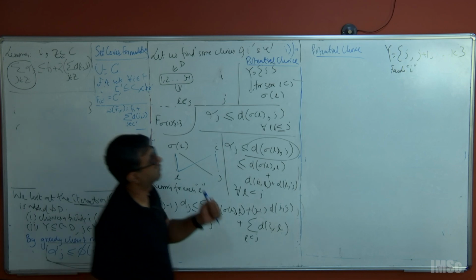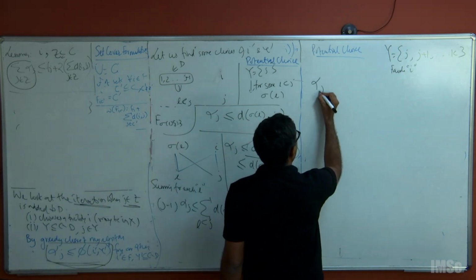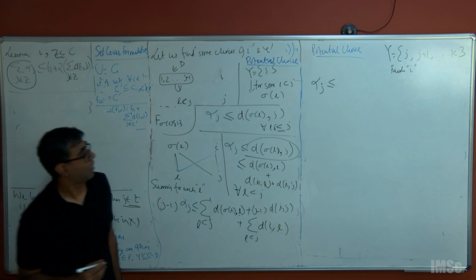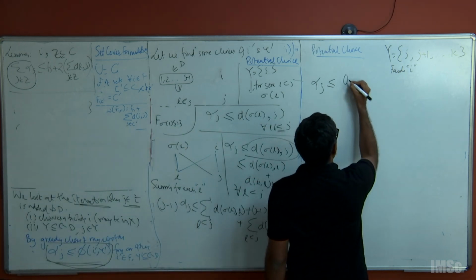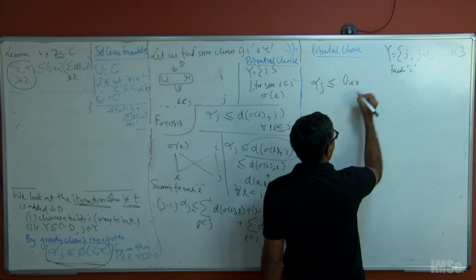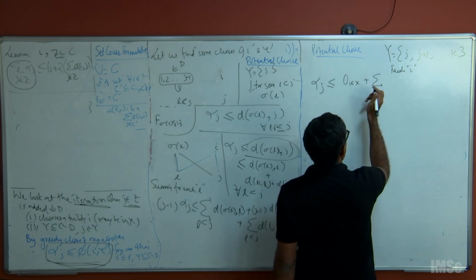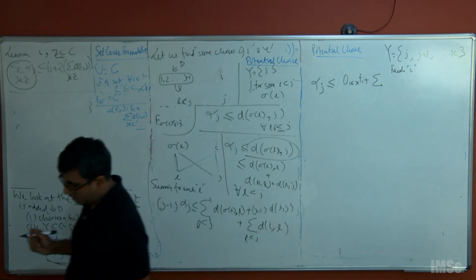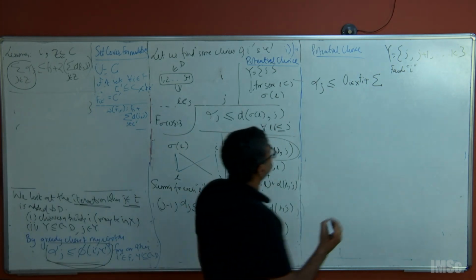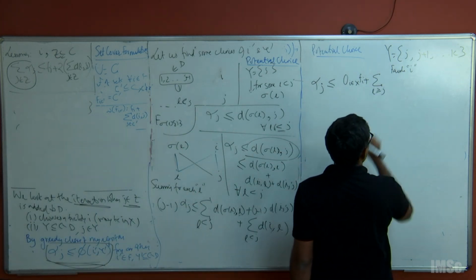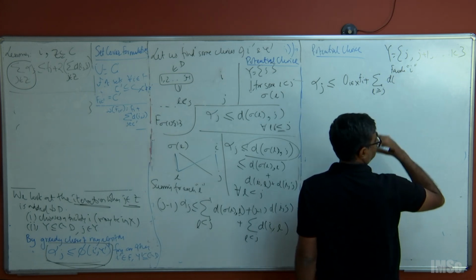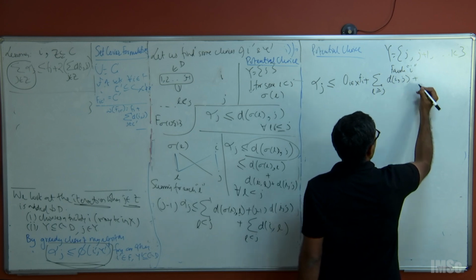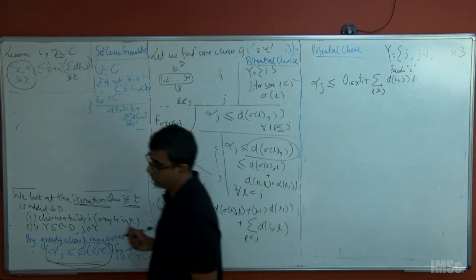But what I know about this is that alpha j is less than or equal to, what did we do? If you recall correctly, we said 0, i in x, f_i, plus summation over l greater than or equal to j, where I am assigning i to j, and I also need to subtract something, right?